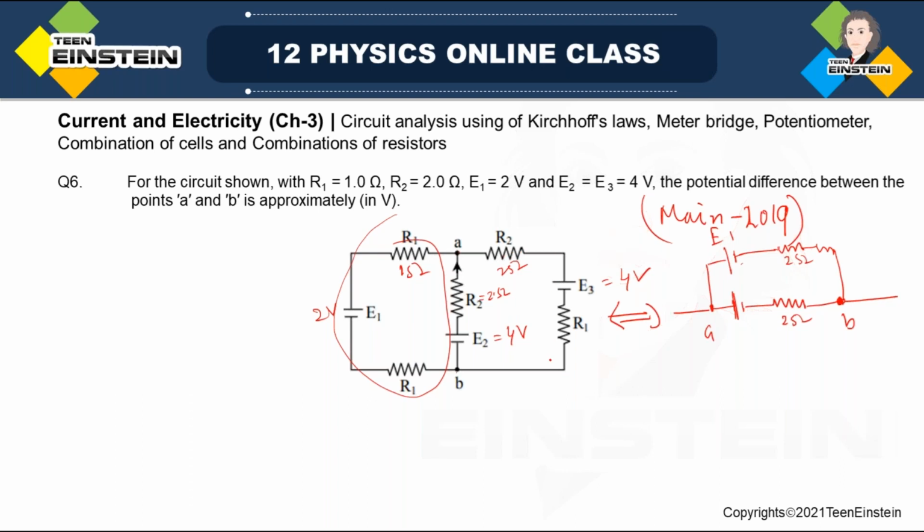Similarly, if you draw the other one, R1 and R2 means 3 ohm.